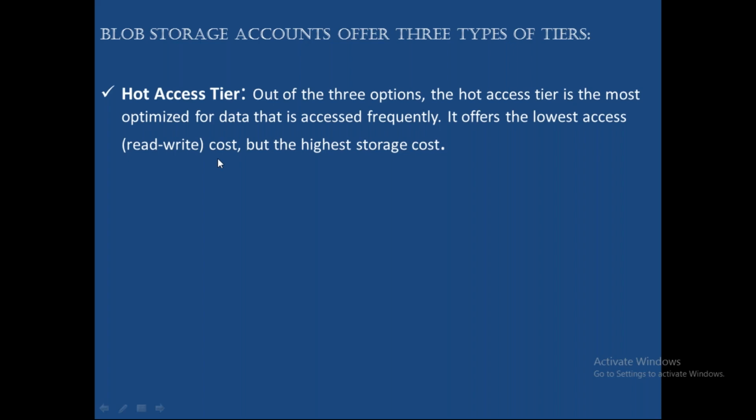Only these 3 points we need to focus on. The hot access tier is used to store frequently accessed data. Second point, it is very high cost when you are storing the data. If you store data, it is very costly, but for accessing the data, it is very low.